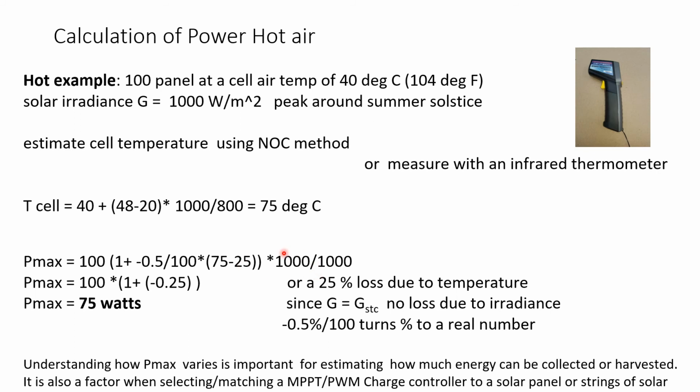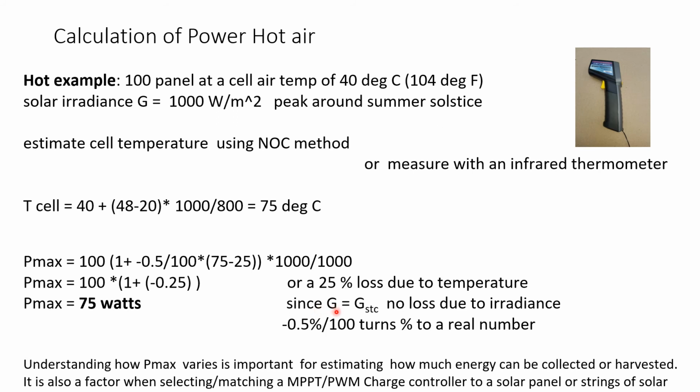And since I'm using an irradiance on my panel at 1,000, divided by the reference irradiance, 1,000, that equals 1. But this is saying that I'm going to only get 75 watts out of my panel when it gets this hot and I have this much energy. It's a 25% loss just due to the temperature.